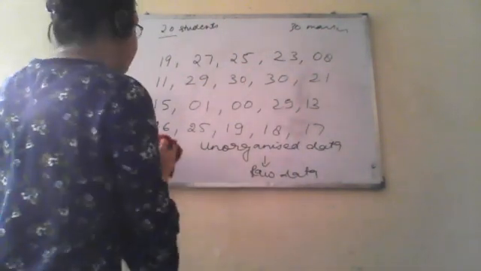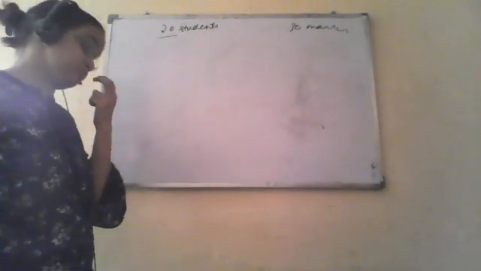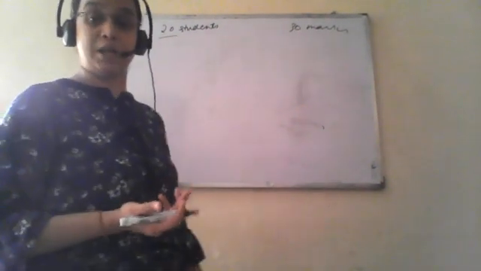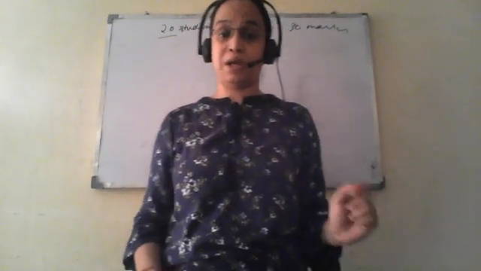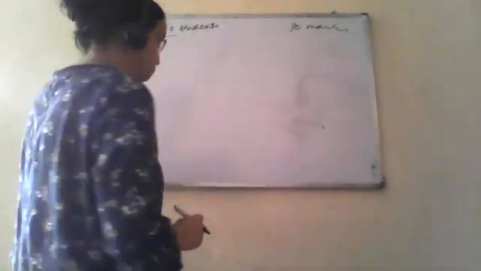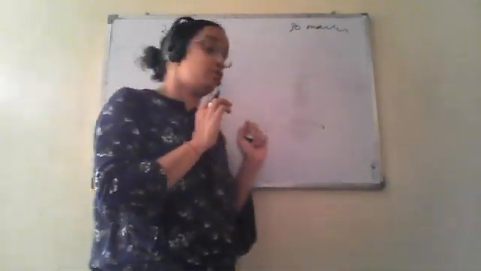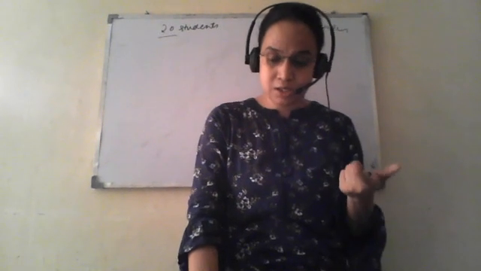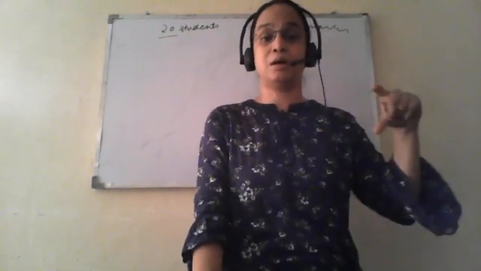Now what do we do? We have to put it in an organized form. If we are making class intervals, it can be a frequency table, or we can make tally marks. So for organizing the data, we have to make some tables, or arrange the data in some groups.